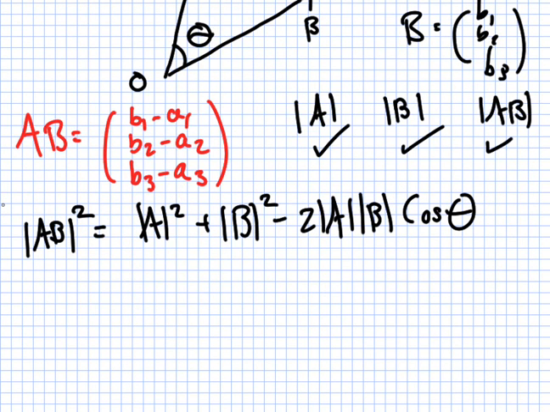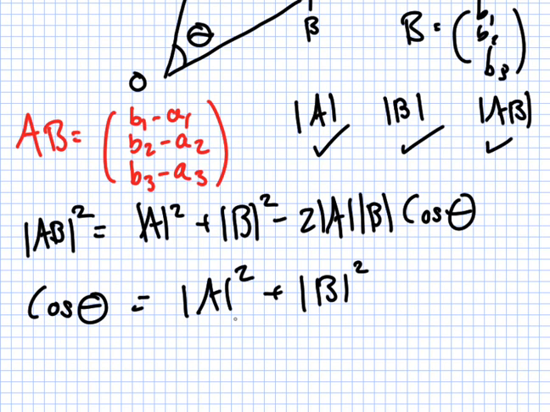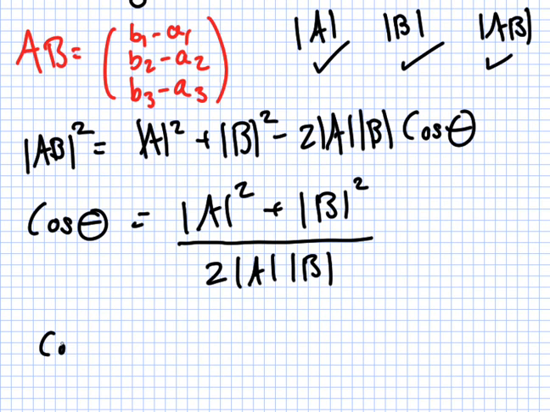We can say that if I take this one over to the left and this one over to the right, I can end up getting cos theta equals magnitude of A squared plus magnitude of B squared, and then divided by 2 magnitude of A, magnitude of B. That's it, isn't it? Now just remember magnitude of A squared, if you remember from the last class.